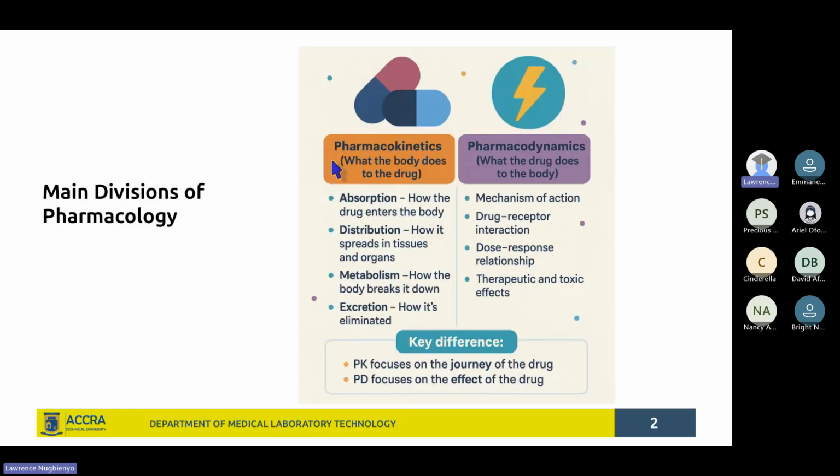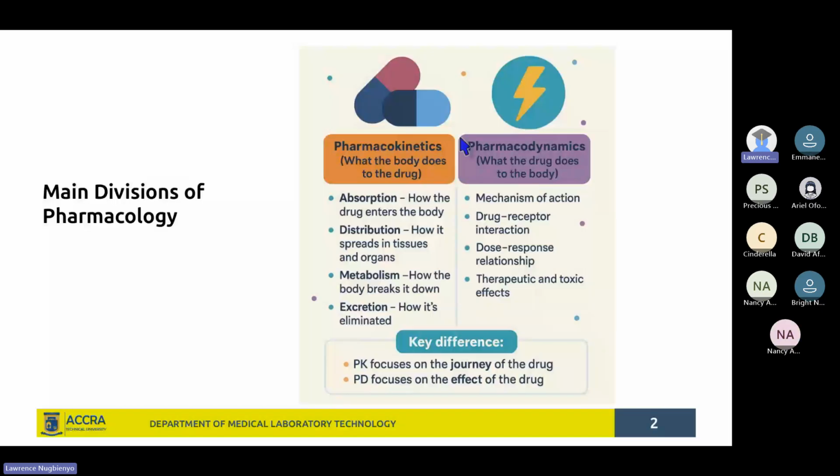And so, as I was saying, you have pharmacology divided into pharmacokinetics and pharmacodynamics. Pharmacokinetics simply refers to the activities of the body on any xenobiotic, any external substance that is taken into the body, any medicine, a drug that enters into the body.